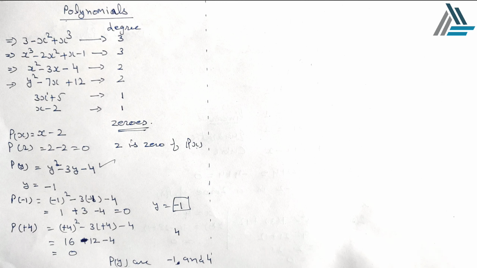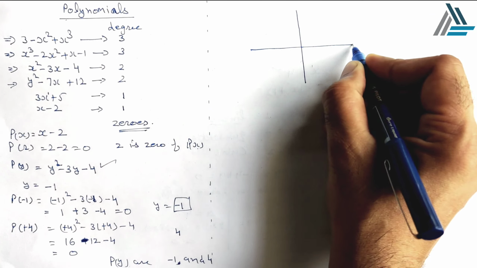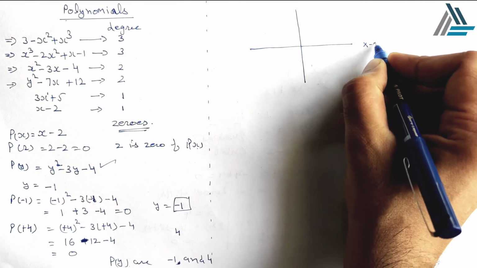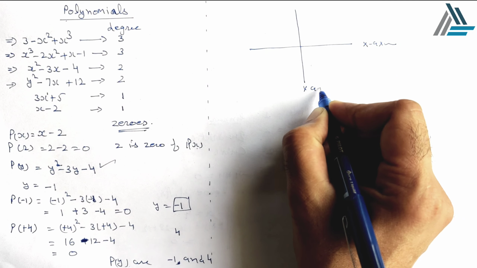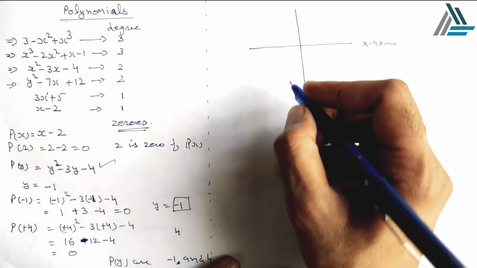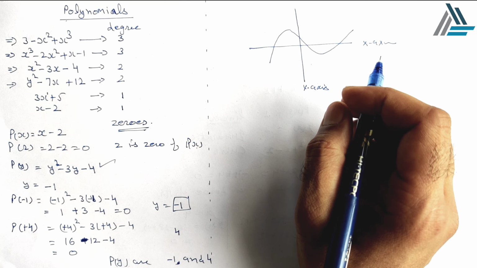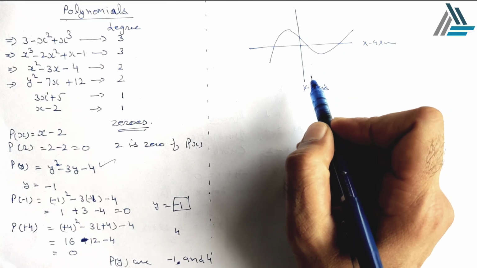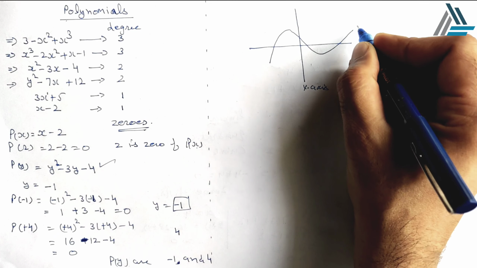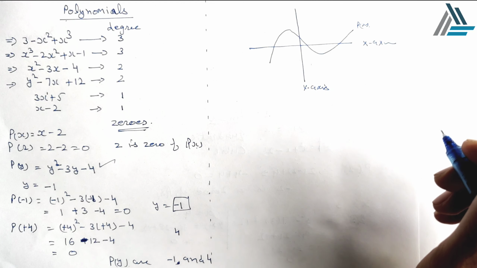Now we are going to discuss the zeros of a polynomial from the graph of a polynomial. If we draw a graph of any polynomial, this is the x-axis and y-axis. We can tell the zeros of the polynomial from its graph. This is the graph of polynomial p(x).